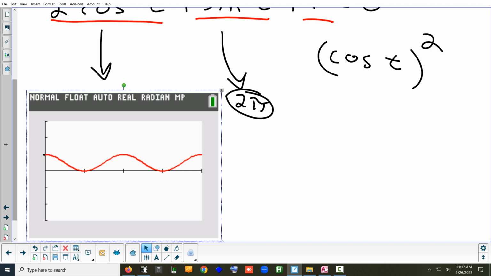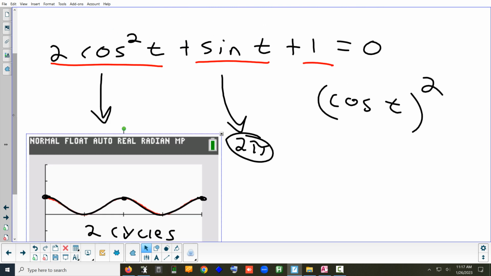We're getting 2 cycles. There's 1. There's 2. So if we're seeing 2 cycles from 0 to 2 pi, then how long is 1 cycle? Pi. Yeah. So the period of cosine squared is pi.